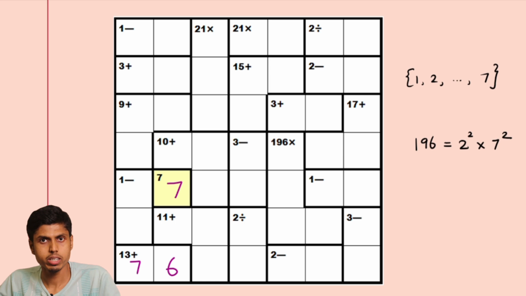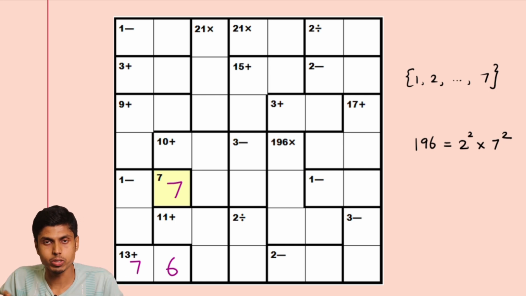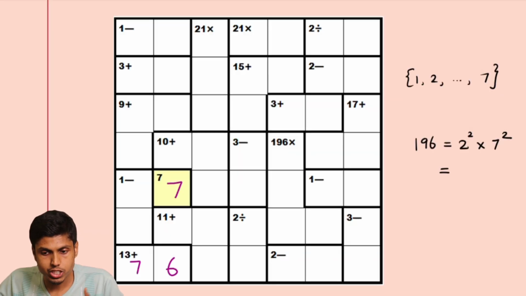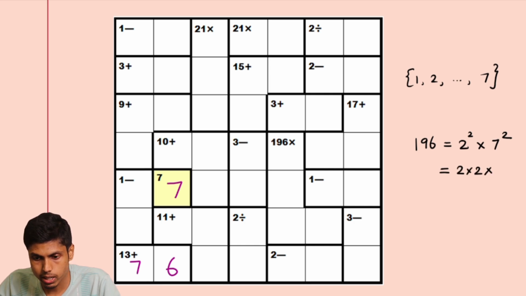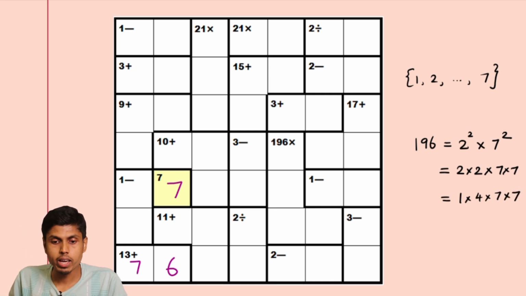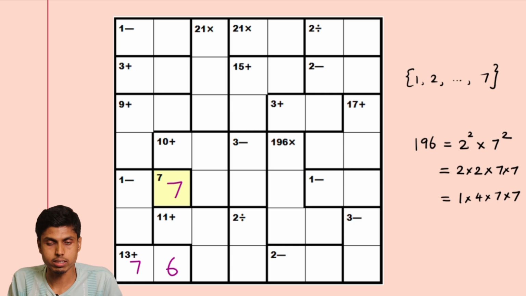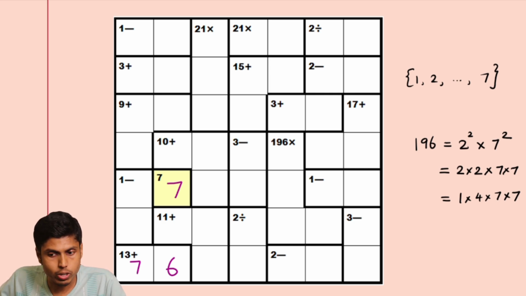It's like 14 square and I split 14 as 2 into 7. So the number 7 should occur twice and it can be like 2 times 2 times 7 times 7 or 1 times 4 times 7 times 7. There cannot be any other 4-way split of 196. So 7 should occur twice irrespective of the configuration.